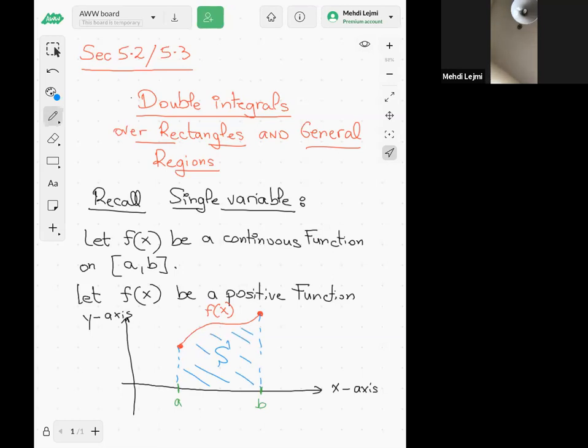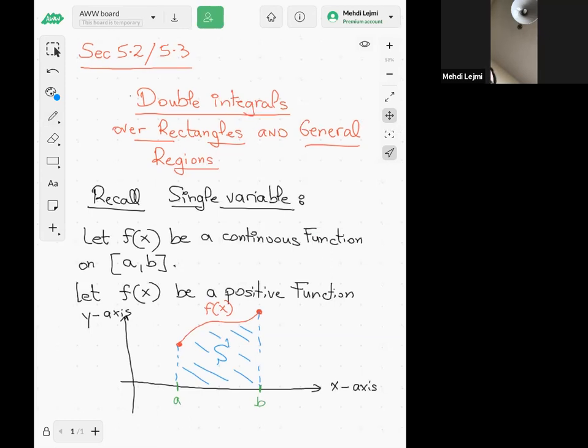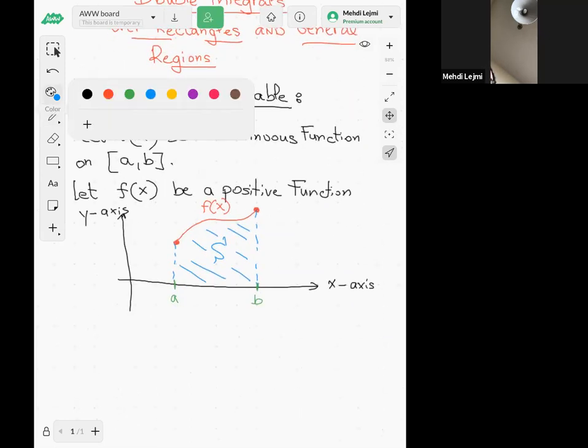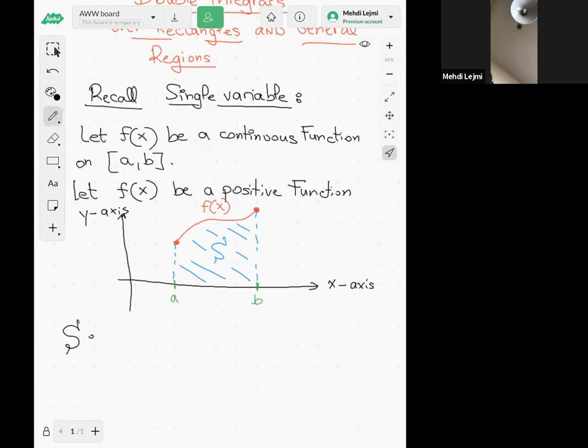All right. And so the goal here is, of course, to compute the area of the region S. So S is the area bounded by the function f of x and the x-axis.